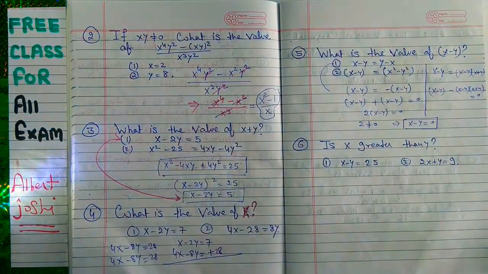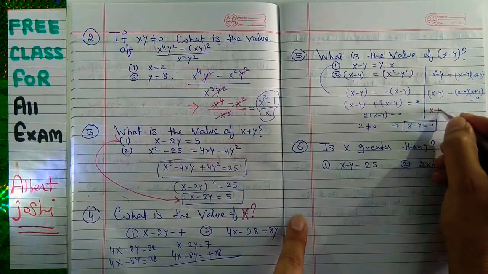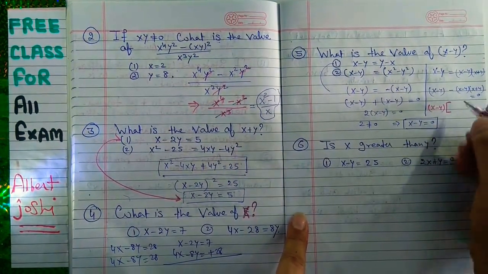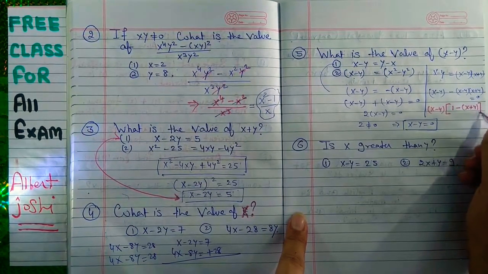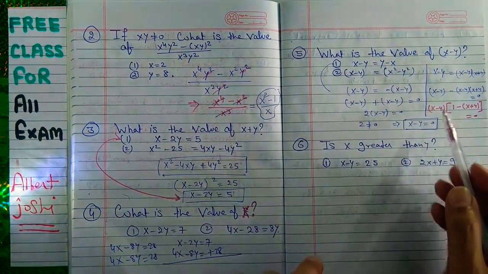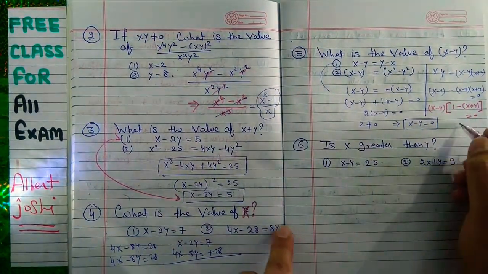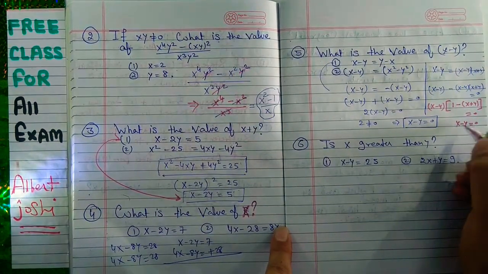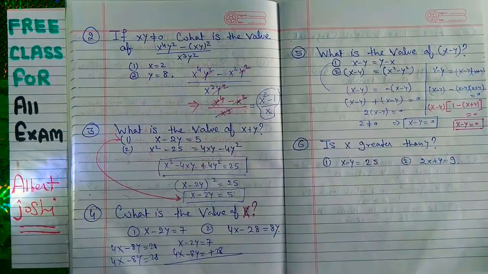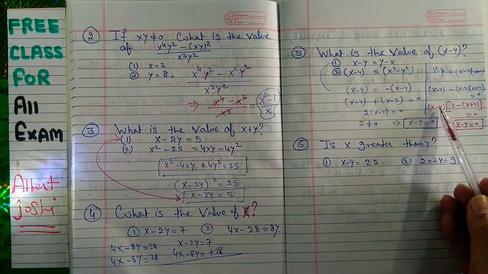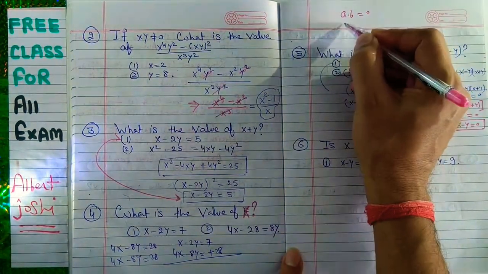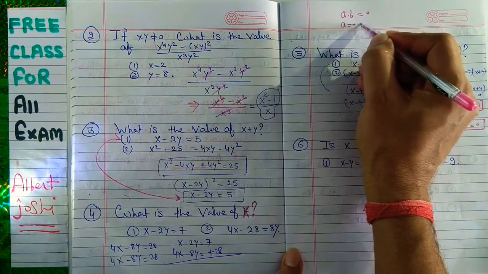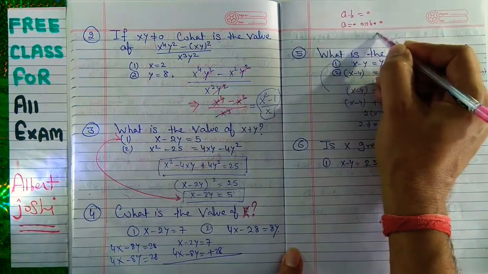Then you have (x minus y) times (1 minus (x plus y)) is equal to 0. So by the help of this also we can find x minus y is equal to 0, because this is common, a into b. If a into b is equal to 0, either a is equal to 0 or b is equal to 0 or both are 0.